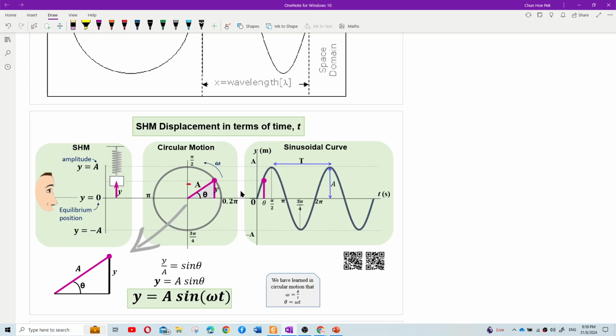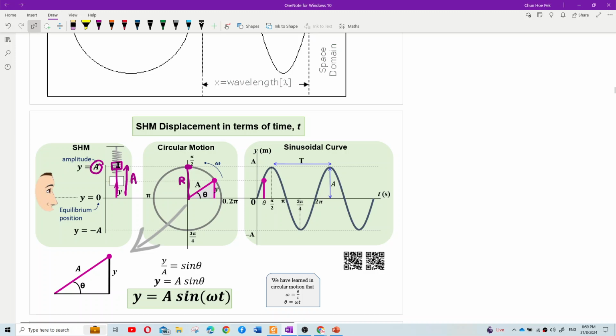You know what is amplitude? This radius is amplitude because if the object has gone to here, right? The radius means the block is also here, right? The block is also here. So that is the amplitude, right? So this is the amplitude. Understand? If the block has gone here, give me a thumbs up if you understand.